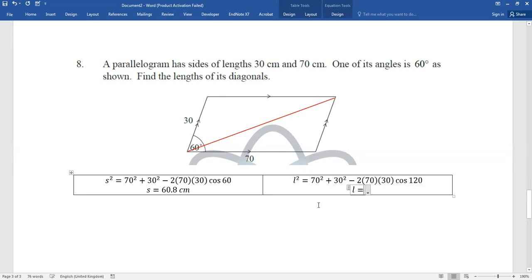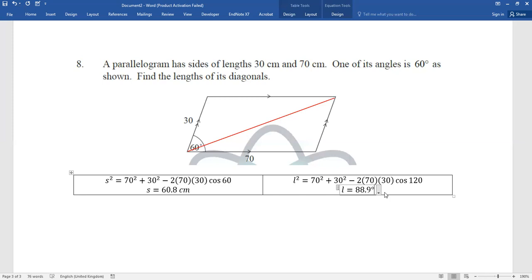So what is the length of the larger diagonal? 88.9.